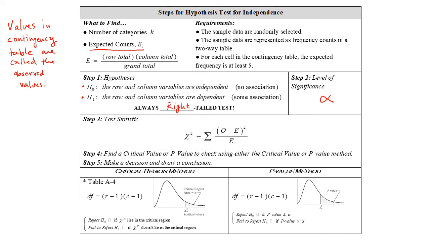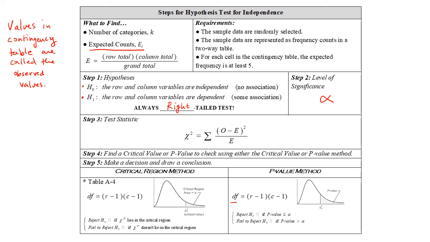Now the chi-squared distribution is going to change depending on how many rows and how many columns we have in our table. And so what we have here is similar to when we did the t-distribution. You have degrees of freedom, and for different sample sizes, you have a different shaped curve. And the same thing happens here with the chi-squared distribution. With more degrees of freedom, we have a slightly different curve that tends to move a little bit further to the right every time we have a higher degree of freedom.